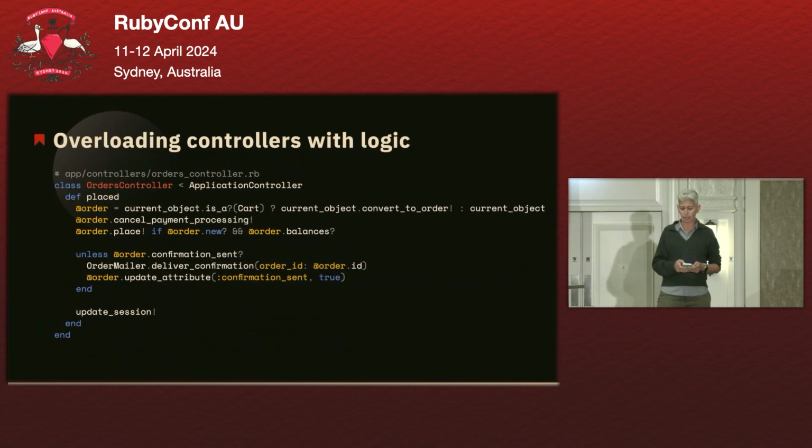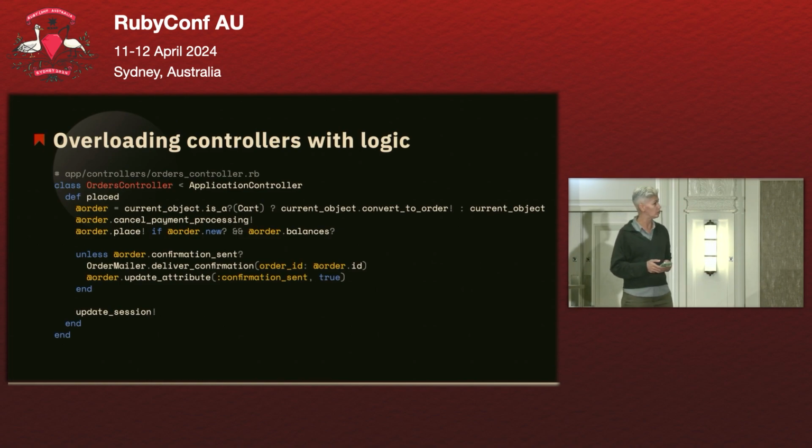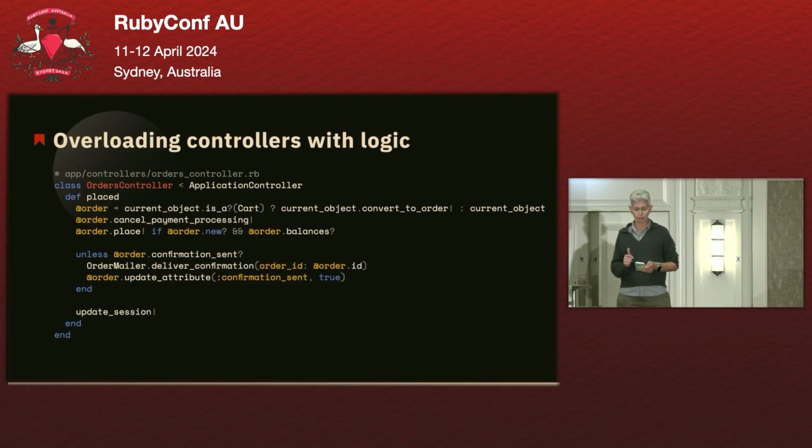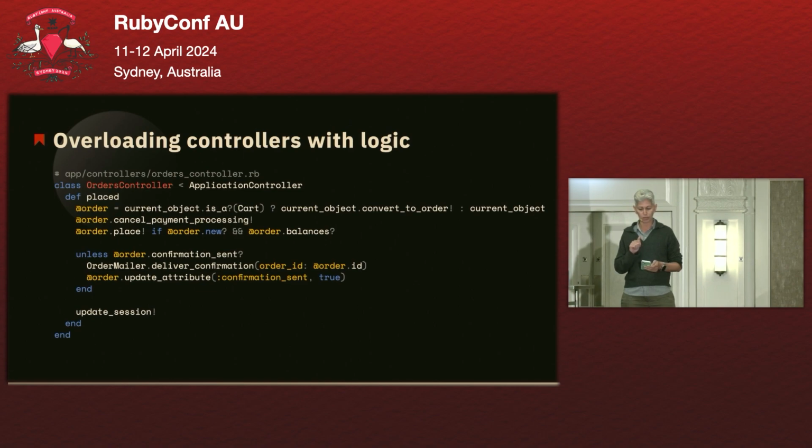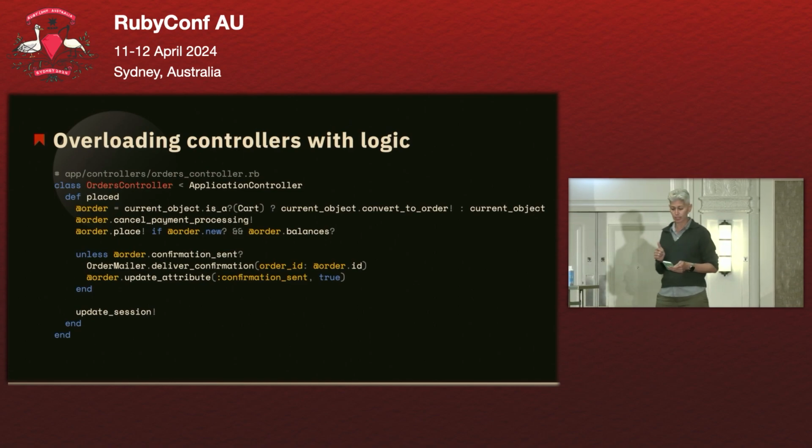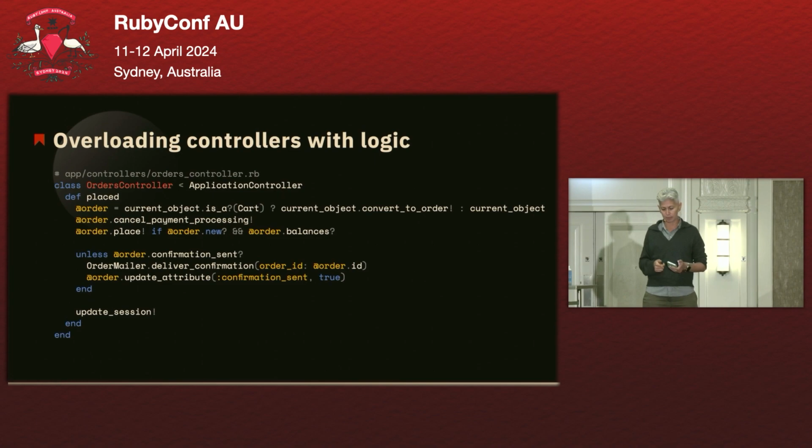The first one, in our case, we have an orders controller, which I think is trying to do too much over here. So we are trying to decide if it's a cart, and then whether to convert it to an order or to stay with the same object. It's trying to cancel the payment processing. It's placing the order if it's not already placed.